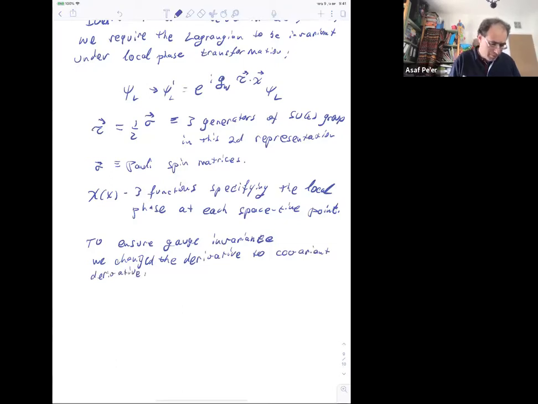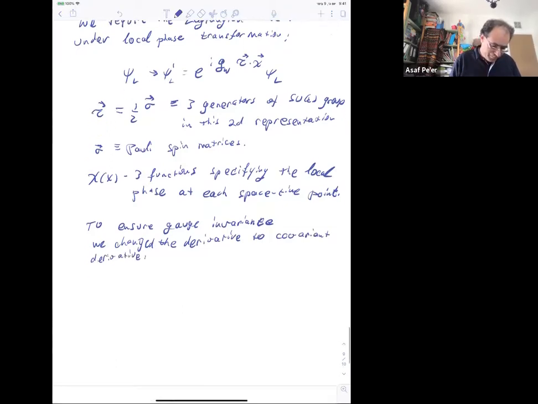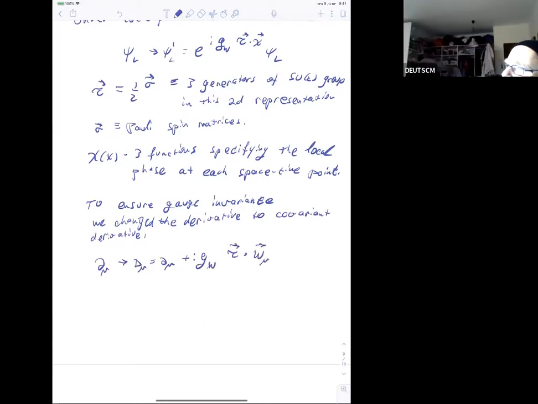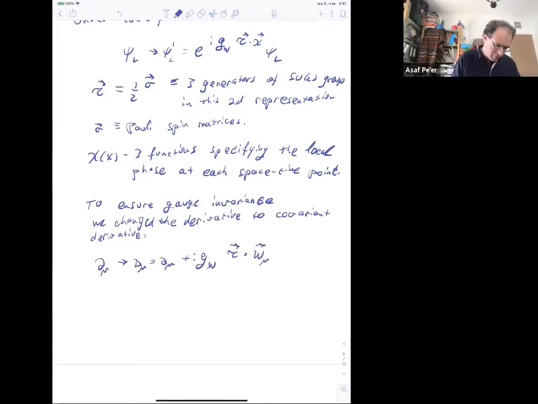So d mu becomes capital D mu, which is just d mu plus i g weak tau dot W mu. I'm going to explain that in a second after I correct my typos here.